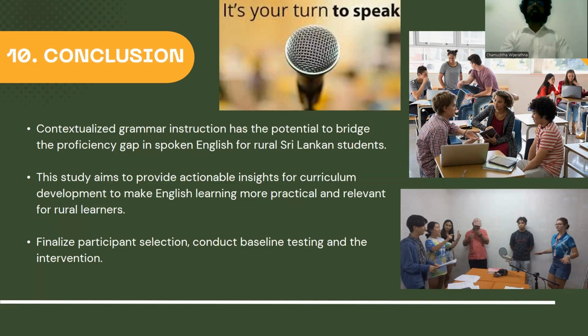This research will provide actionable insights for curriculum developers and policymakers, paving the way for a more practical and equitable English education system. Right, so next steps include finalizing participant selection, conducting baseline tests, and implementing the instructional intervention.